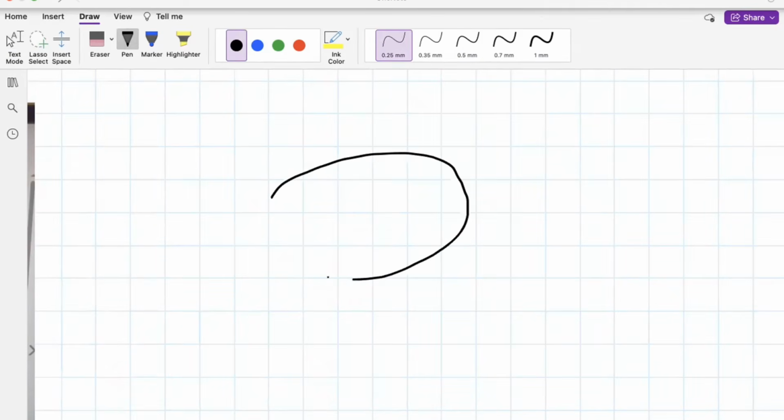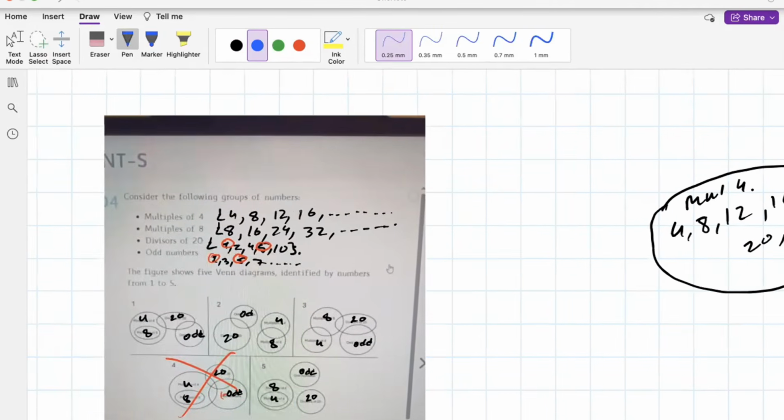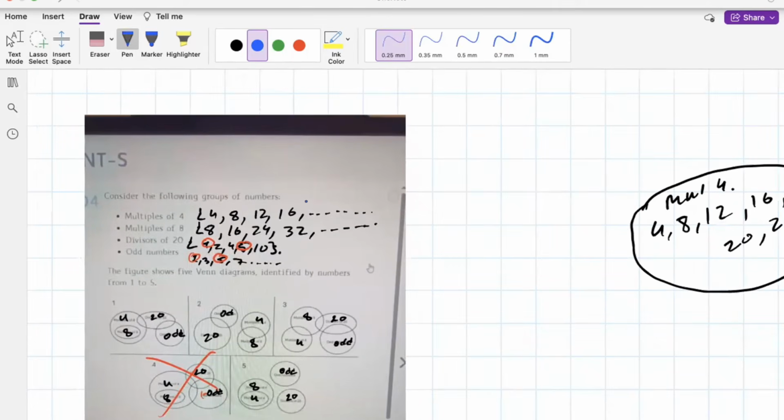If I draw it something in this way, so these are the multiples of 4. So these are numbers 4, 8, 12, 16, 20, 24, and so on and so forth, right? Then what if I draw it something like this, multiples of 8, which are inside?